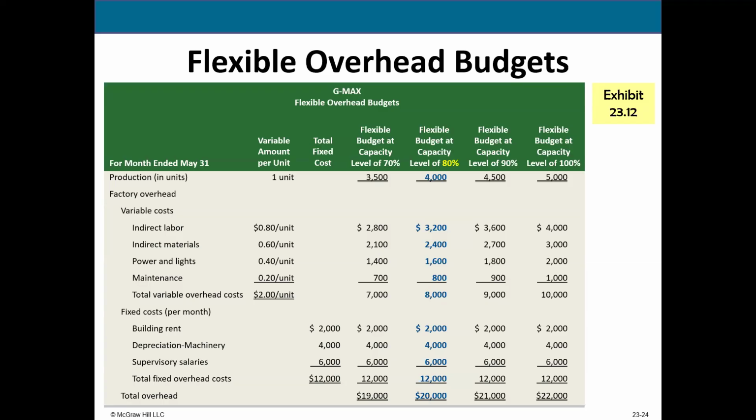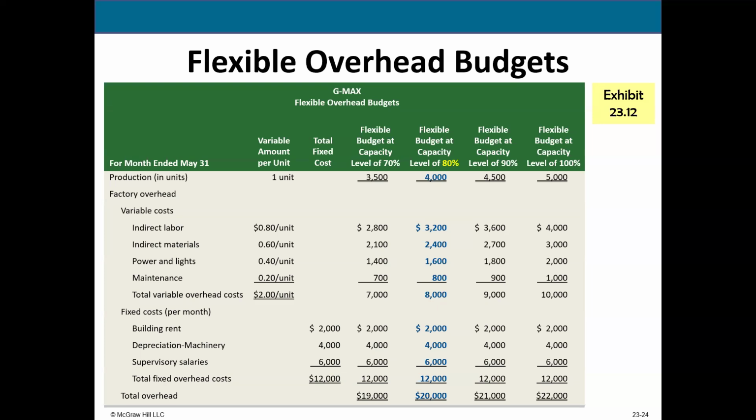So based off of the number of units produced, I then find the closest flexible budget based off of capacity or number of units produced, and I compare that to the actual amounts. And so what that does is it gives me the closest variances possible. From this, I can also look at the variable amount per unit to get total variable overhead on a per unit basis, and also the total fixed amounts.